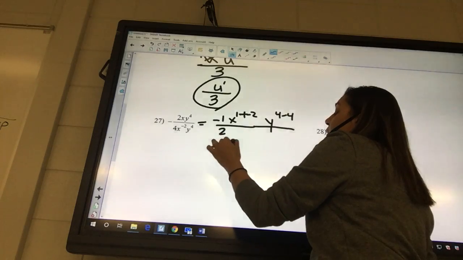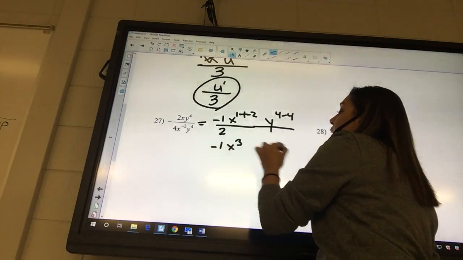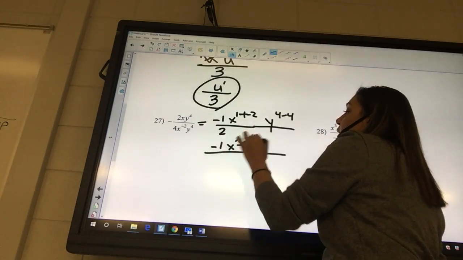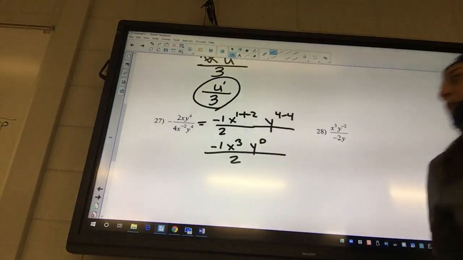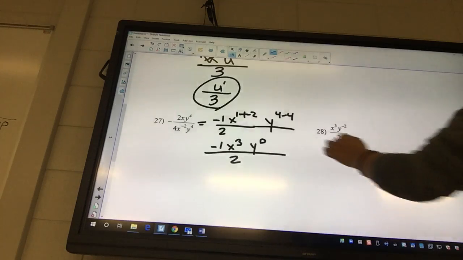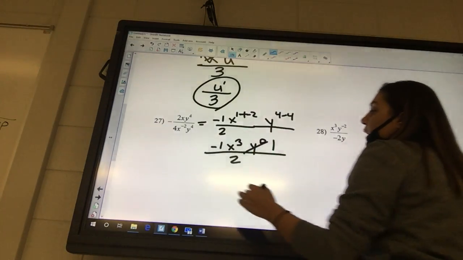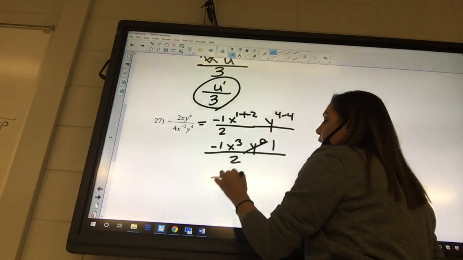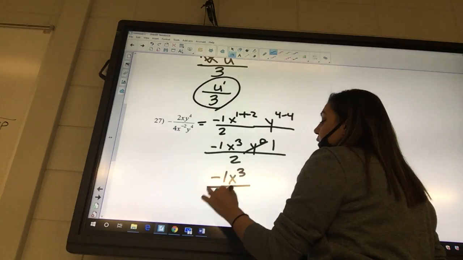So you're going to have negative 1, x to the 3, y to the 0 over 2. Okay, are we finished? Why not? We got that y to the 0, which is going to be 1. Okay, so it's really just negative 1, x to the 3rd over 2.